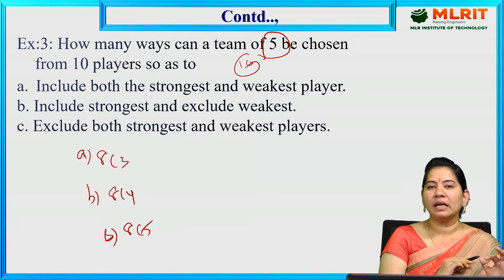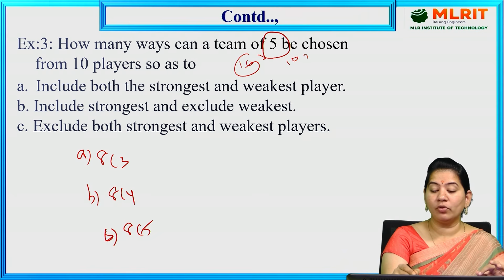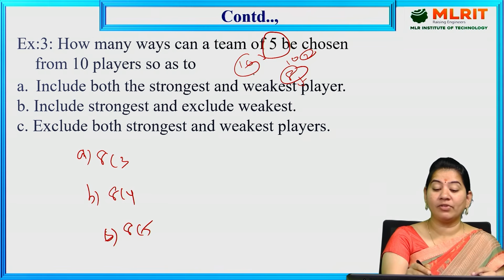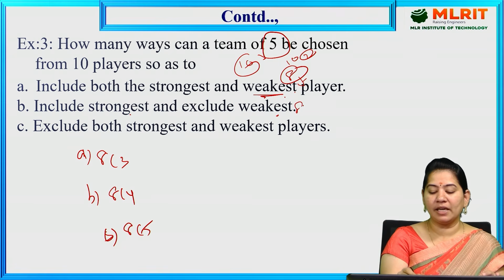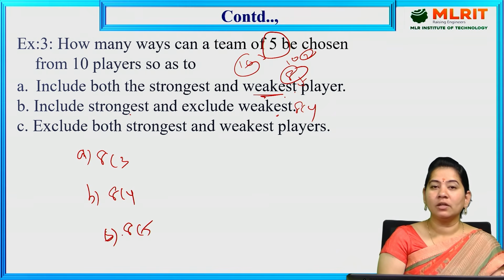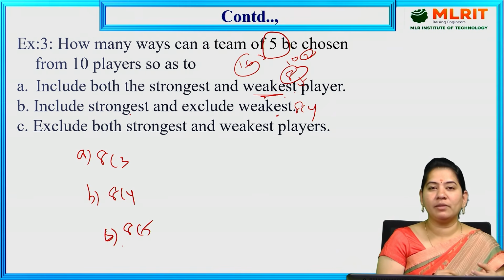If you remove 2 people from the 10 you are left with only 8 people, and from those 8 you select the other 3, as we have already included strongest and weakest in the 5 people. Here we are including strongest and excluding weakest, that's why we are taking 8C4. And here we are excluding both of them, meaning all 5 members we have to choose not from the 10 members, but from the 8 members.